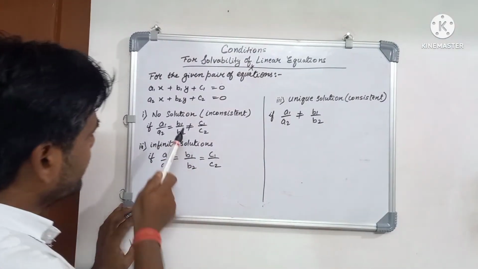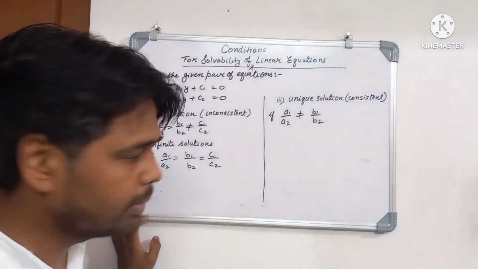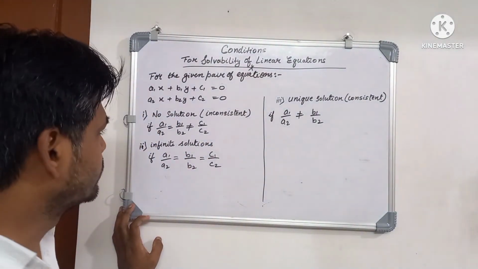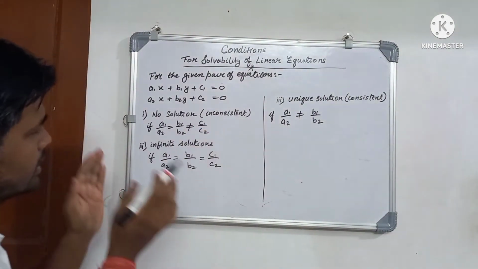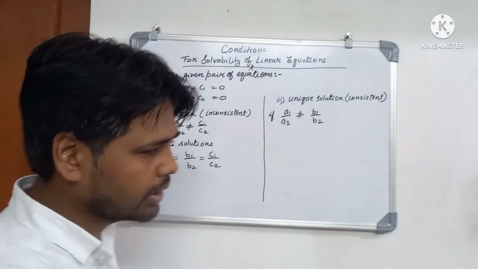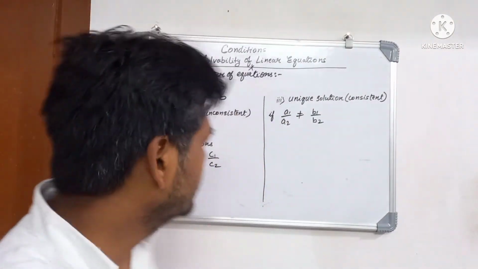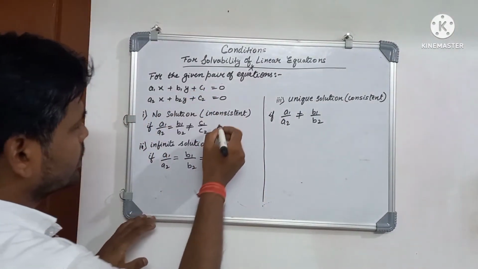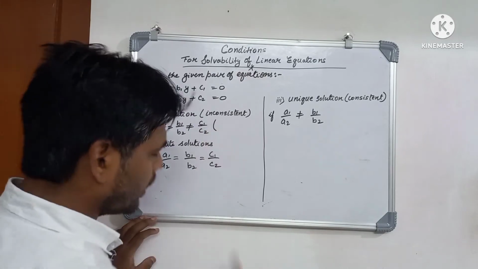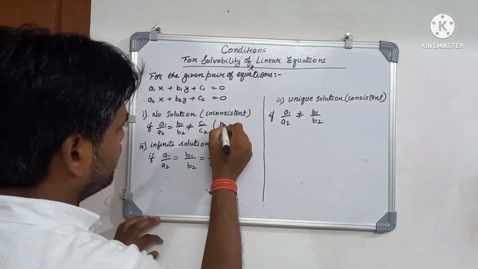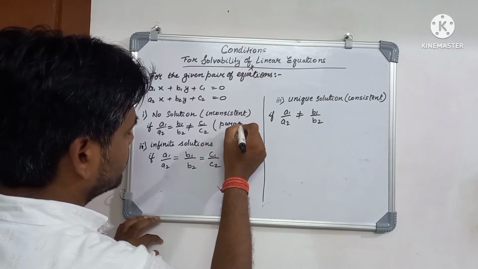At the same time b1 upon b2 will never be equal to c1 upon c2. Similarly, if the same pair of linear equations is represented graphically, then the lines on the graph paper will be parallel to each other.